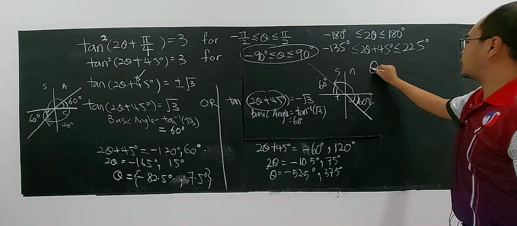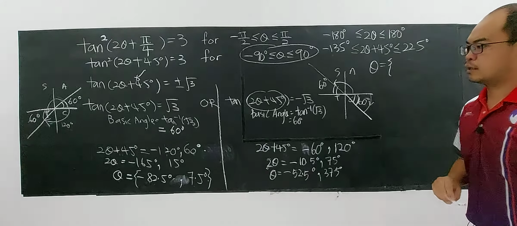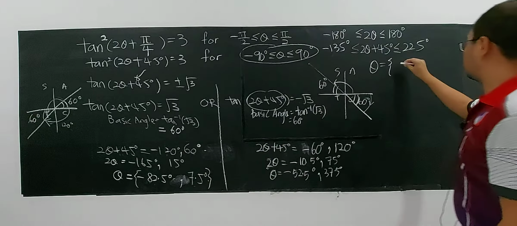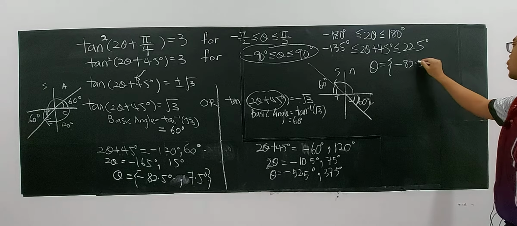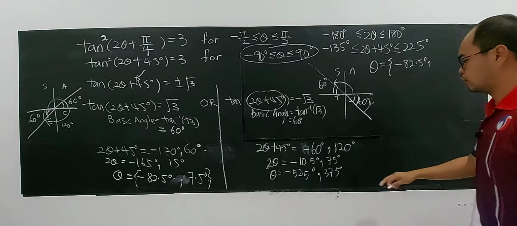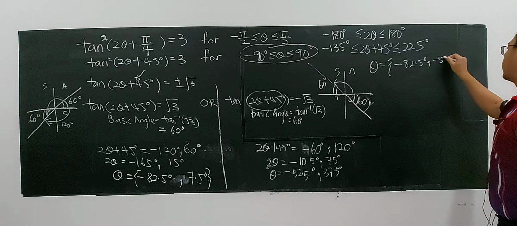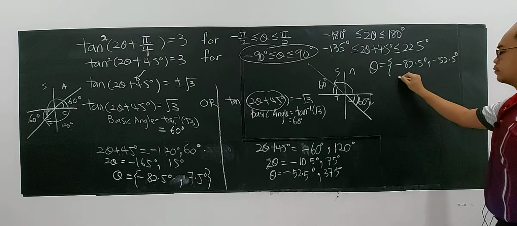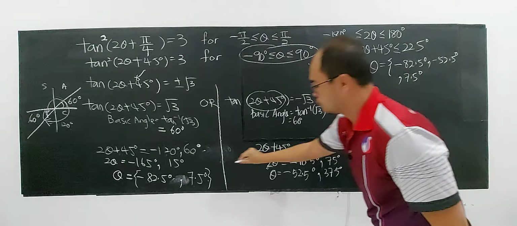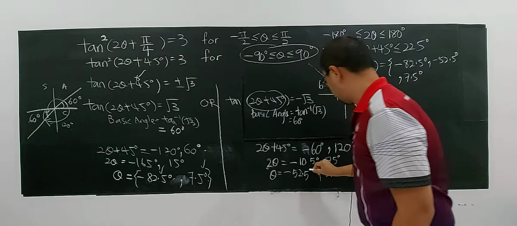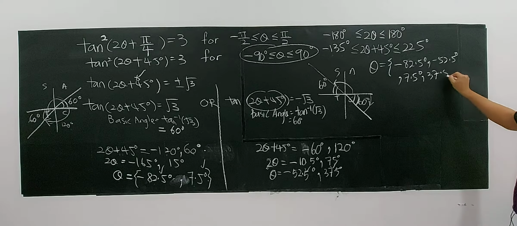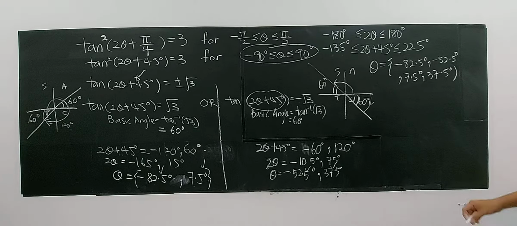So for theta, the smallest will be negative 82.5 degrees, followed by negative 52.5 degrees, followed by 7.5 degrees, and followed by 37.5 degrees here.